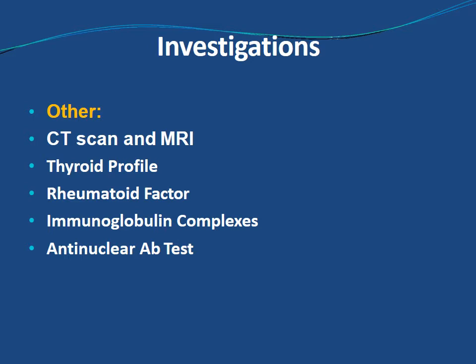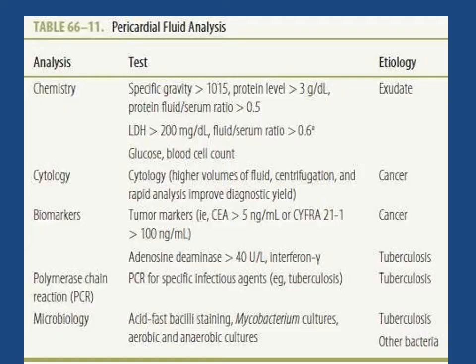To determine the underlying cause of the pericardial effusion, we can perform thyroid profile, RA factor, immunoglobulin complexes and ANA level to rule out any immune mediated disease. In pericardial fluid analysis, we can perform different parameters to determine the underlying cause.